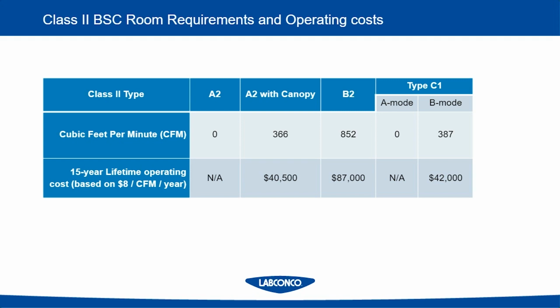As the A2s and the C1s recirculate some of their air, they exhaust less CFM, less cubic feet per minute, of conditioned lab air, which means that your lab doesn't have to make as much conditioned supply air. This is really where that cost comes into play. Overall, the Class II A2 with canopies or Class II C1s with a canopy or exhausted are going to have about half the operational cost of the B2 style cabinets.